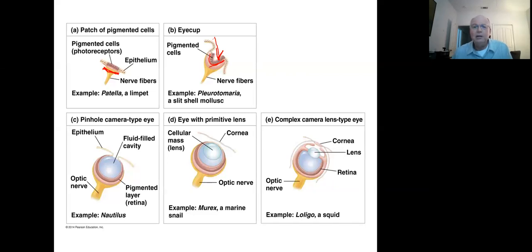So it's not going to be able to collect a huge amount of light, but in order to be able to form simple images, it has what is called a pinhole camera. So the light passes through the hole and forms an image on the back of the eye, on what we would call the retina.